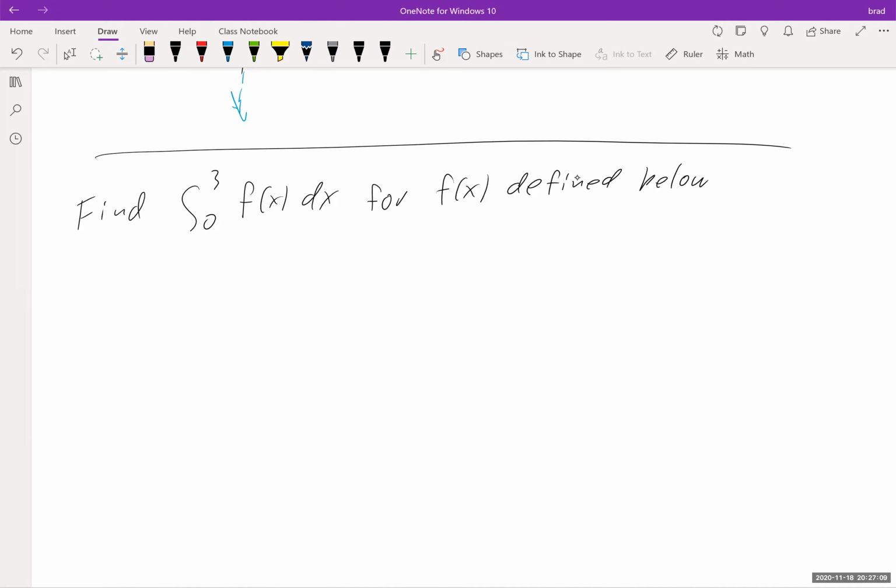So let me give you what f of x is defined as. So f of x is the piecewise defined function 3 when 0 is less than or equal to x is less than or equal to 1, and 3x squared when 1 is less than or equal to x is less than or equal to 3. Okay, so here we have a piecewise function, and I want you to integrate this.